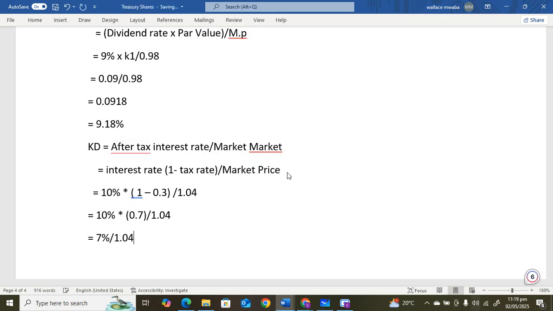Divided by 1.04, 7 divided by 1.04, what do we get? 6.73%. So that is the cost of debt. This is the minimum return that will make the debenture holders happy. Any questions?